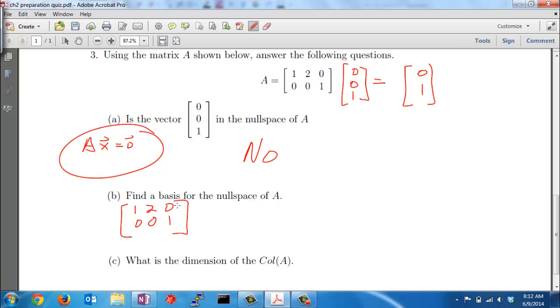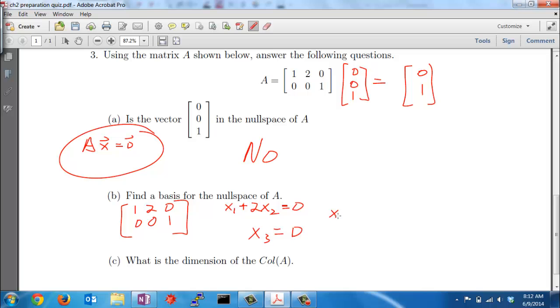Now, for this specific one, there's nothing to do here because it's already in row-reduced echelon form. So I can go right to my equations. This equation says x1 plus 2x2 equals 0. And the next one says x3 equals 0. That's right. x2 is my free variable, right? There's no pivot position in that column.